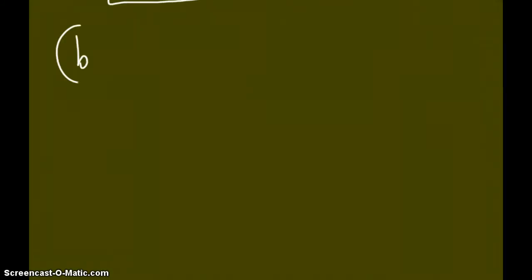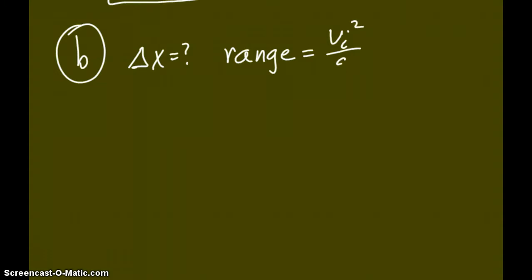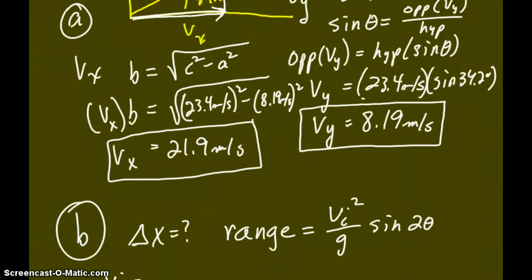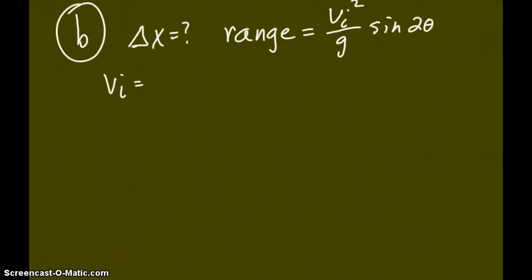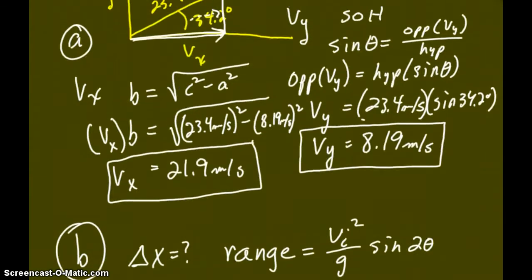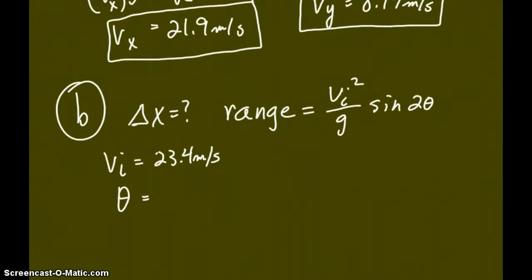Here's B. We want to know what the displacement is. There's our range equation. Initial velocity squared over g times the sine of twice the angle. Initial velocity is 23.4 meters per second at an angle of 34.2 degrees.